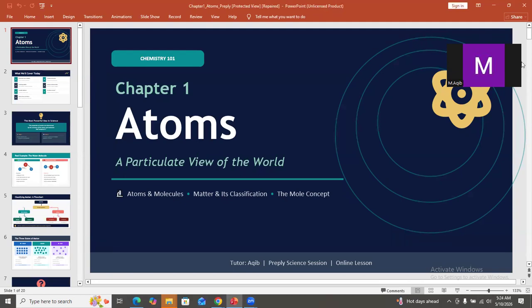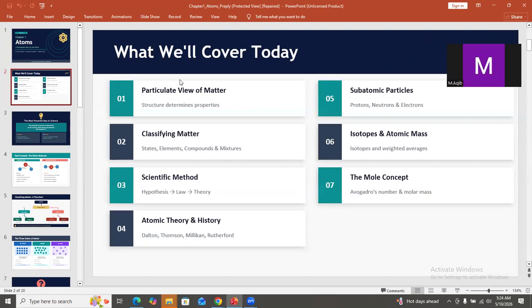In today's class, we're going to cover the basics of matter, first of all, what matter is. And other than that, we are also going to cover how matter is classified, what the different states of matter are, and how we classify matter into different compounds.